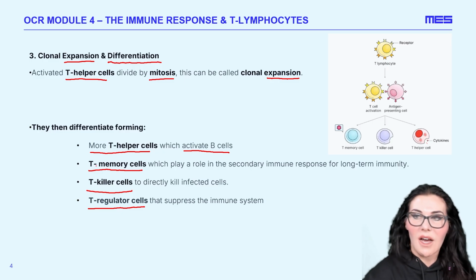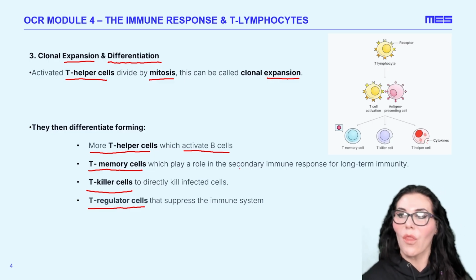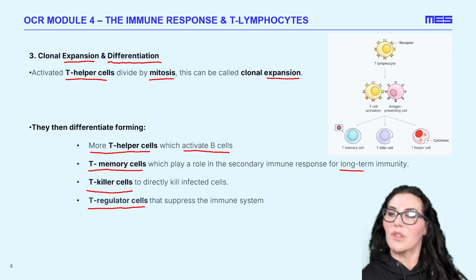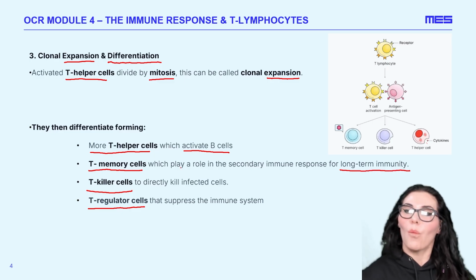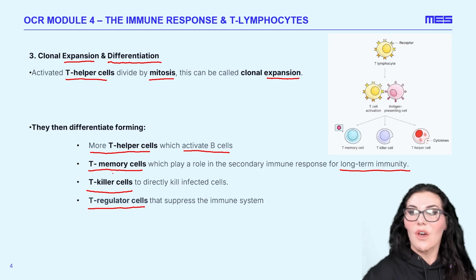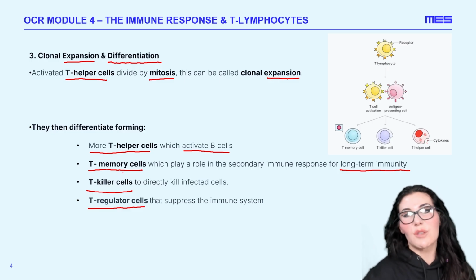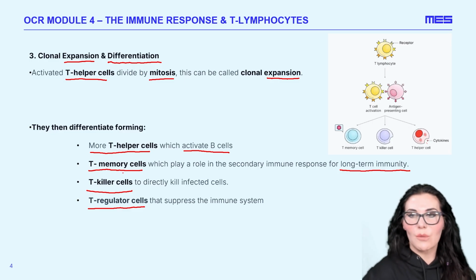In the meantime, we've got these T memory cells, vitally important, because they're the ones that give us long-term immunity. If you encounter the same pathogen again, you will get what we call the secondary immune response, which is a very, very quick response to the pathogen, and it helps you to respond in a much more exaggerated way. Again, we'll talk about that more in a bit.